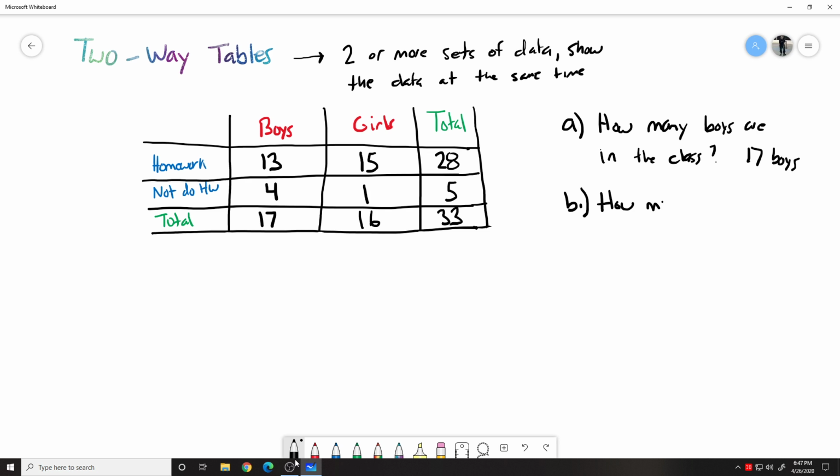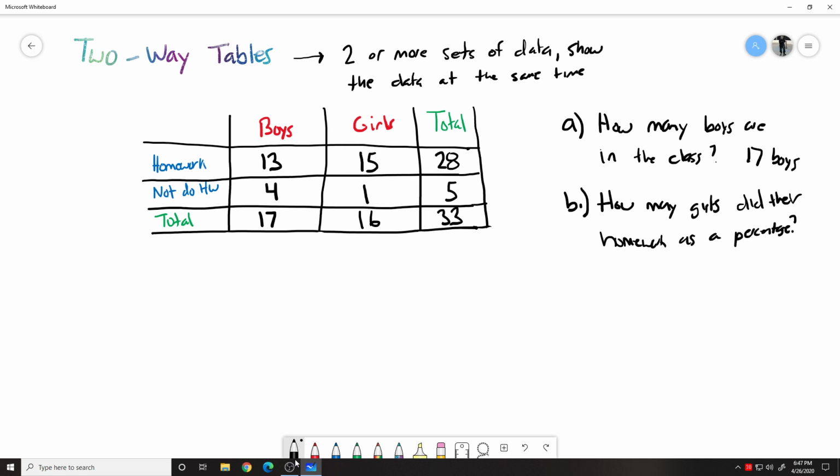How many girls did their homework? As a percentage.